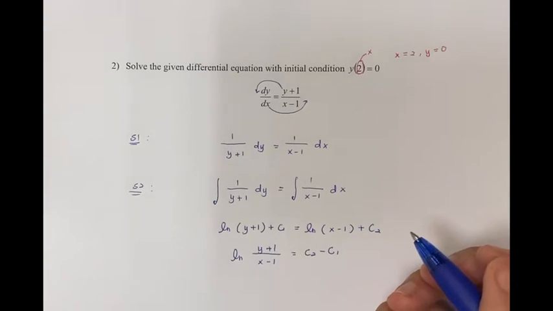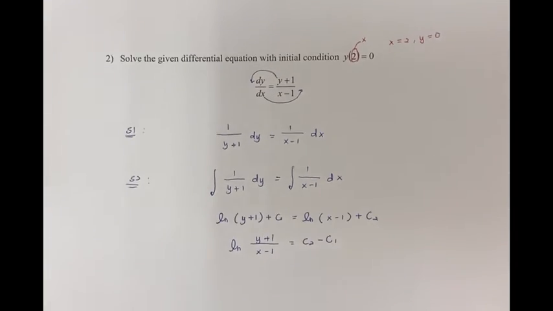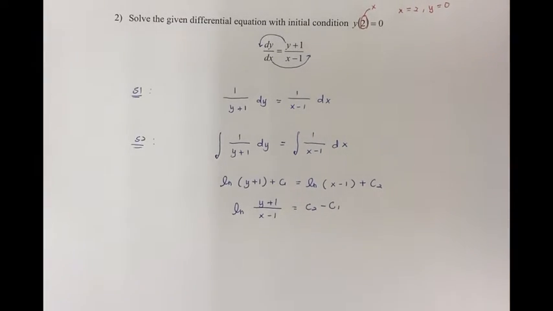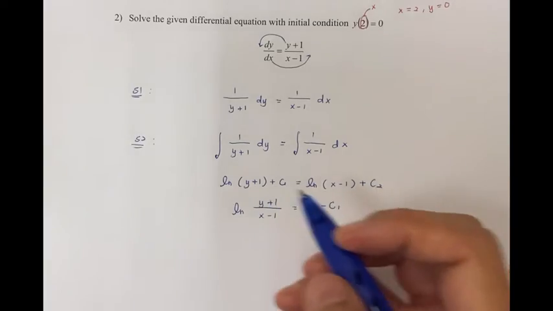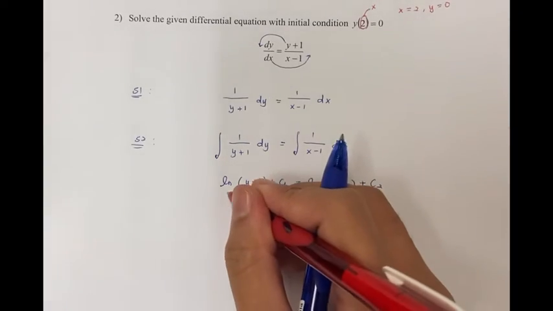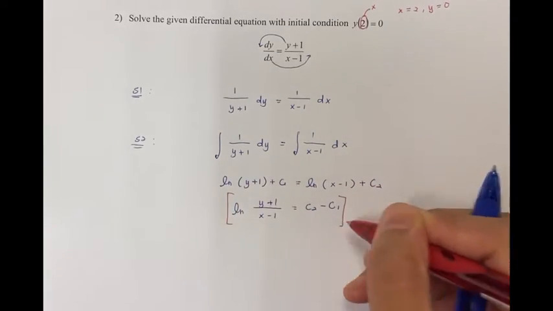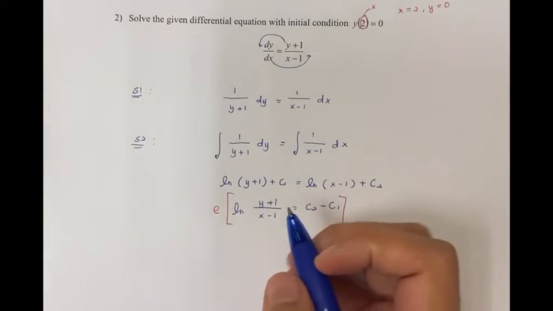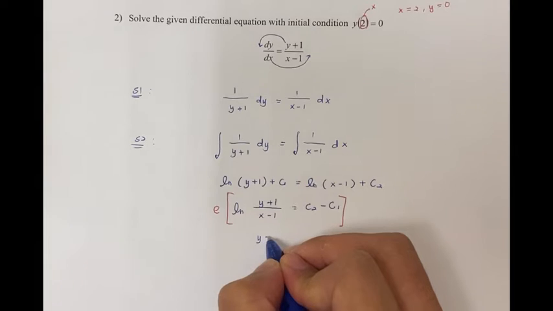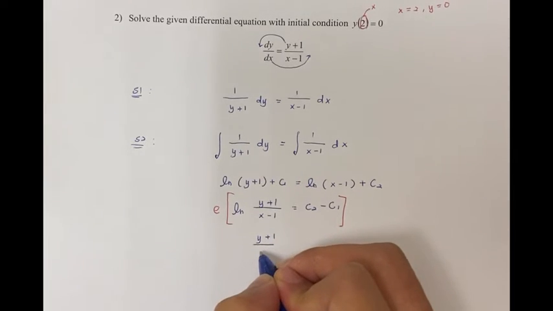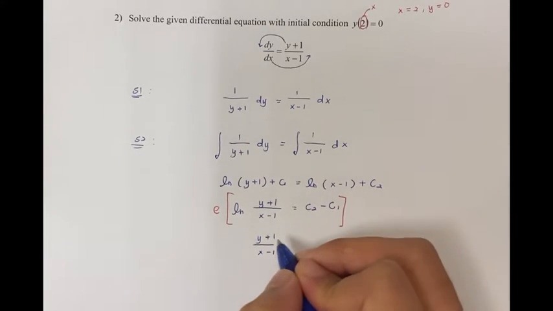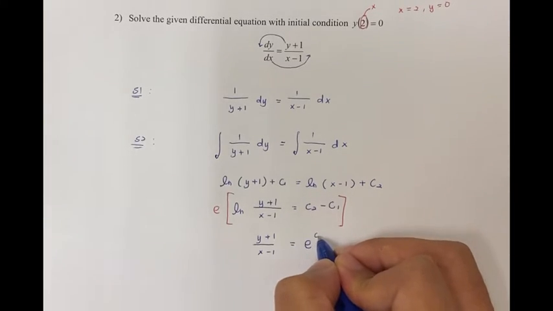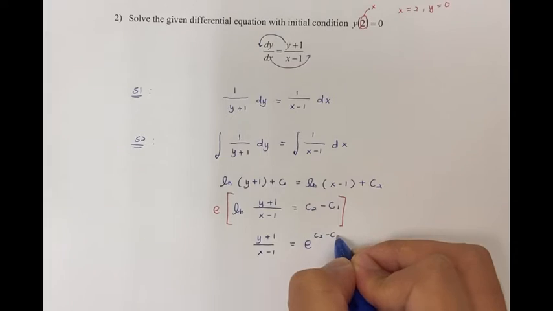And again, to eliminate the ln, you need to apply the exponential to both sides. The exponential of ln will give you 1. So here you have (y plus 1) over (x minus 1) on the left hand side, while on the right hand side you have e to the power c2 minus c1.